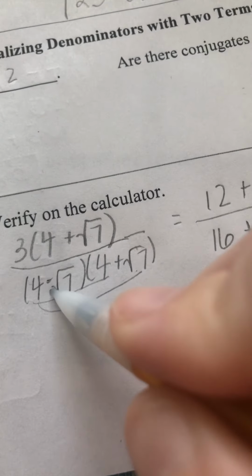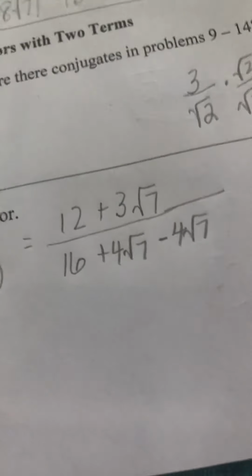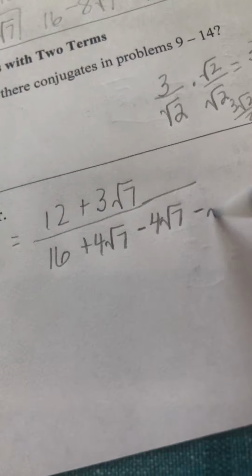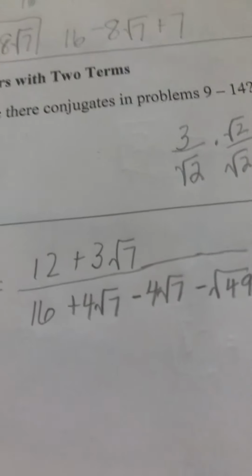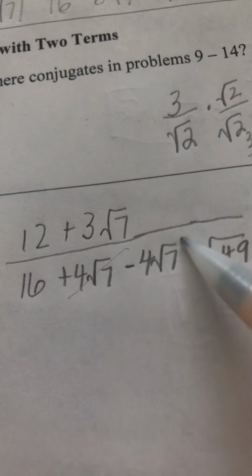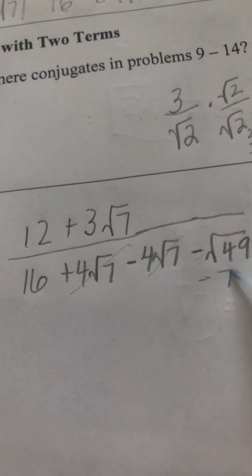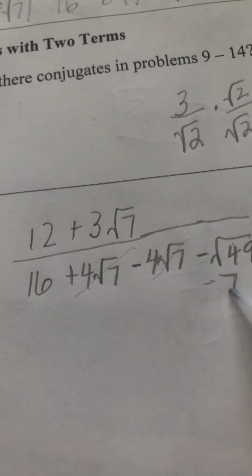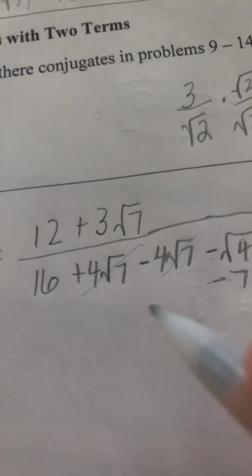And the last are minus, because it's a negative times a positive, root 49. Okay, so write all these down and let's go for the simplifying. So these will cancel each other out. This is just minus 7. So you end up getting, because the square root of 49 is 7, 16 minus 7. So it's 9 in the denominator.